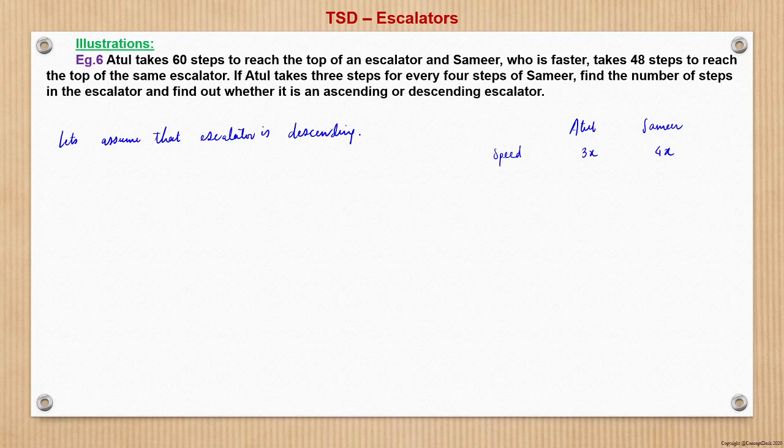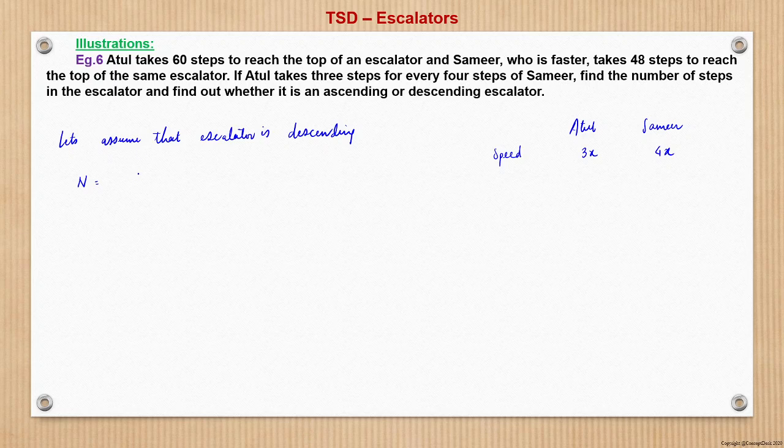We can assume anything. In one of the cases, we'll get a valid answer. In the other case, we'll not get a valid answer to the question. So that is the only way to sort this out. Now, if we have assumed that the escalator is descending, what happens? In that case, Atul and escalator are moving in opposite directions. So the number of steps on the escalator n is nothing but what?